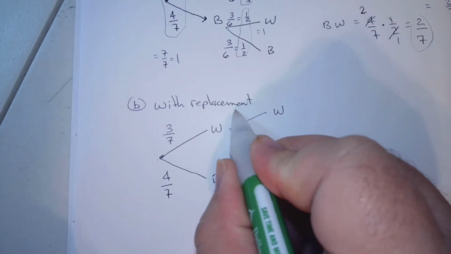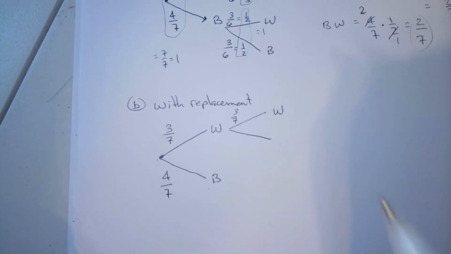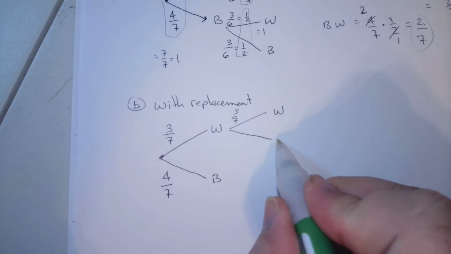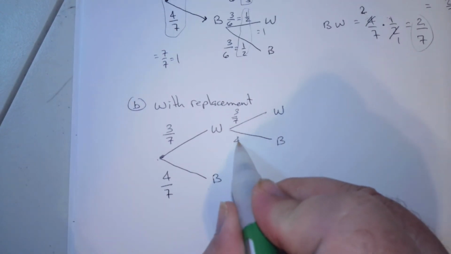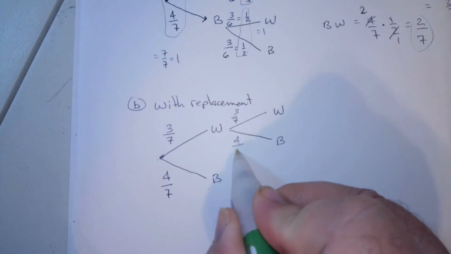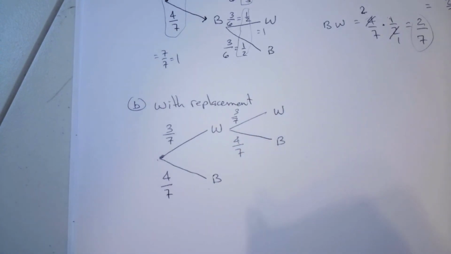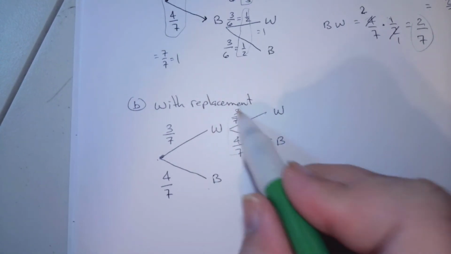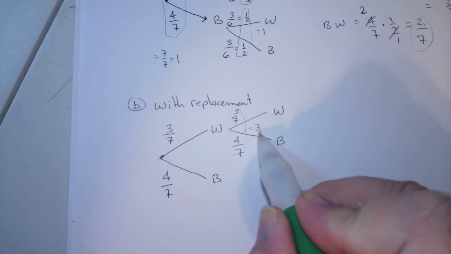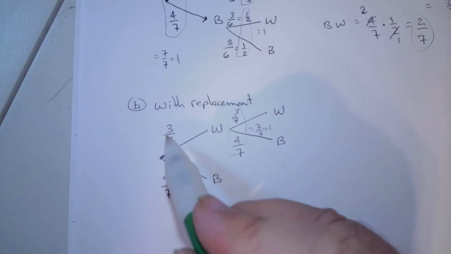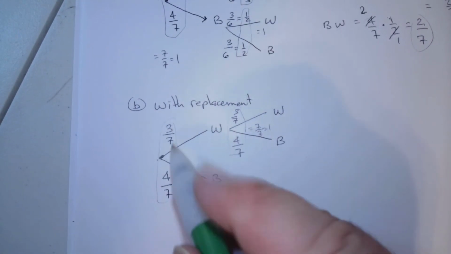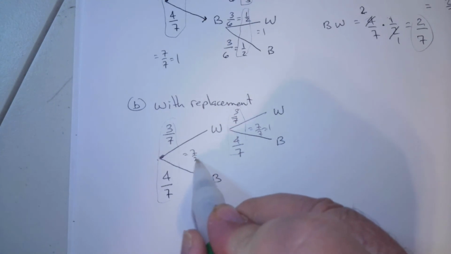Since we put everything back, it's still 3 over 7. And the number of black balls is still 4 out of 7 balls in the box. Remember, if you add these 2 probabilities, they equal 7 over 7, which is 1.